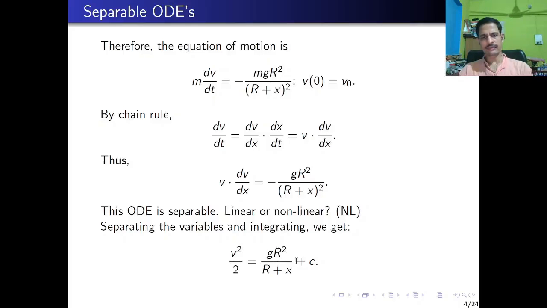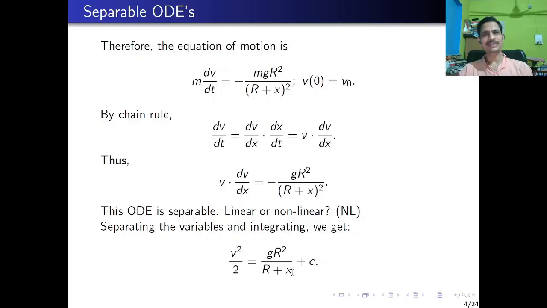So here we have a solution of the differential equation, but we have not yet put the initial condition in it. So now we'll put the initial condition on it. We know that the initial condition says that when t is equal to 0, x is also equal to 0, because at t equal to 0, the object has not left the surface of the earth.